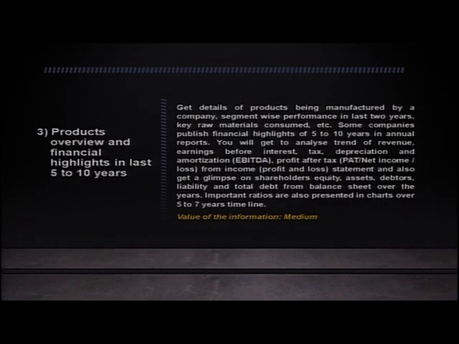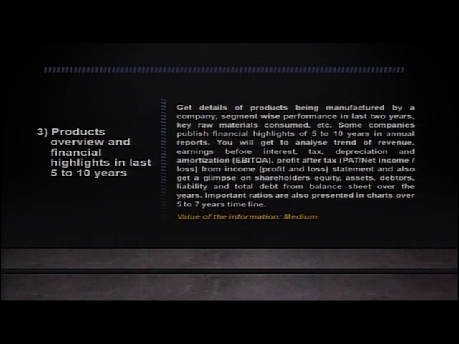Moving further, the next section is about the product overview and financial highlights in the last 5 to 10 years. Now, this is an important section because it is giving out an overview of the financial information, both GAAP and non-GAAP. Now, what is GAAP and non-GAAP?